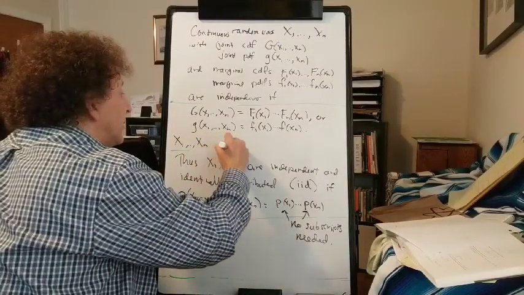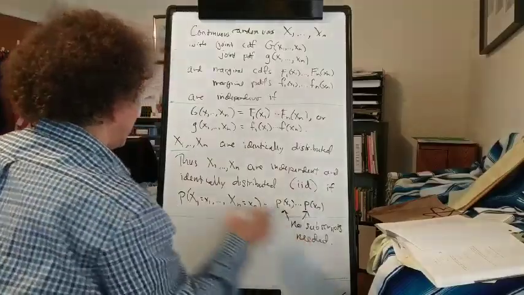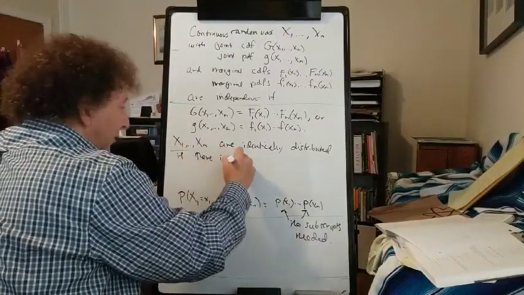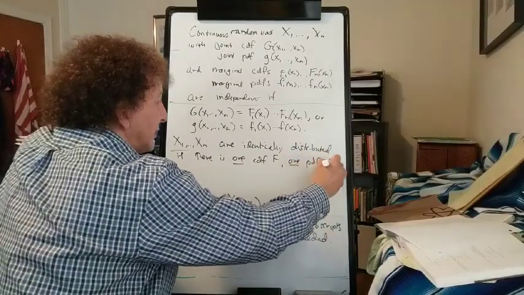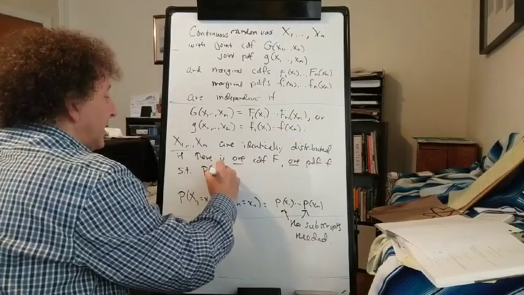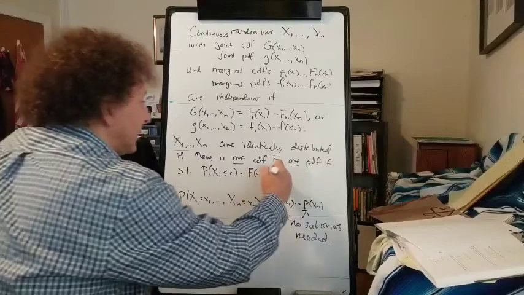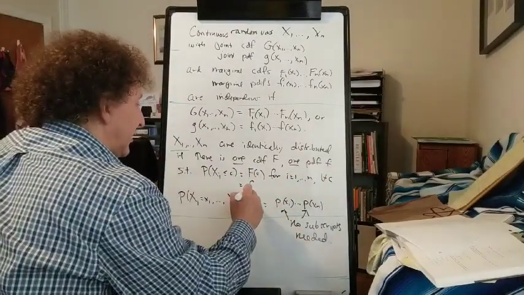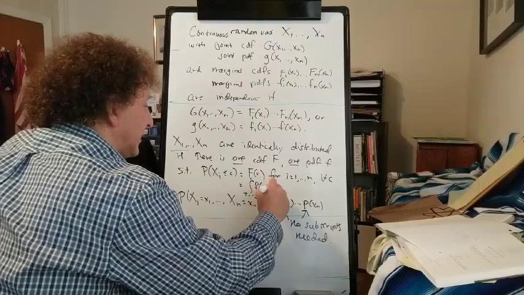And these variables are identically distributed if there is one cumulative distribution function, capital F, or equivalently one probability density function, little f, such that the probability that Xi is less than or equal to c is capital F of c, for i equals 1 to n, and for all c, and this is the integral as t goes from negative infinity to c of little f of t dt.